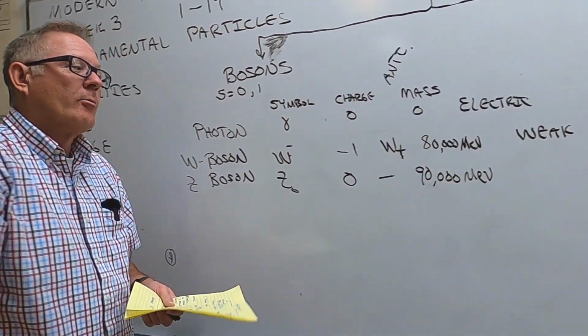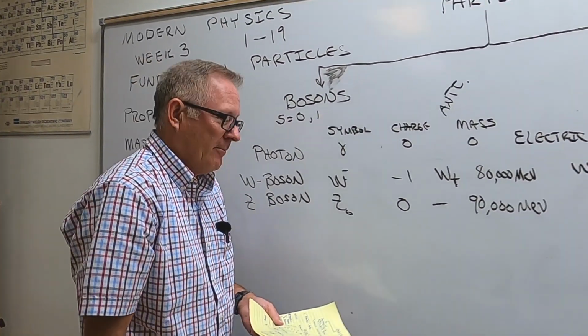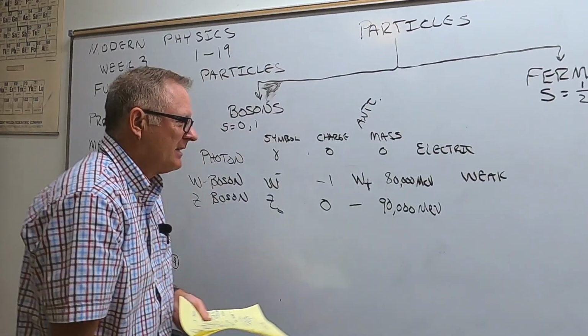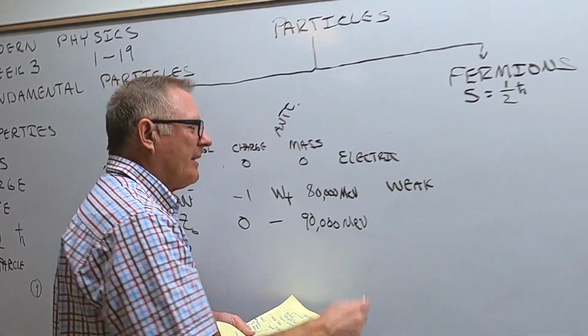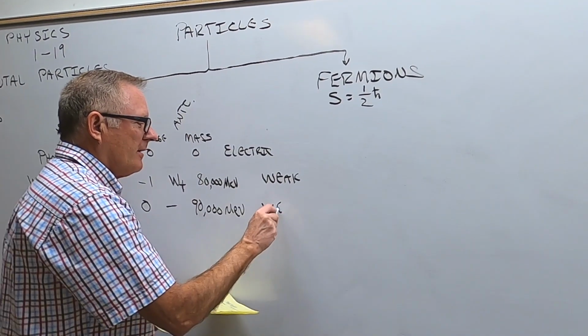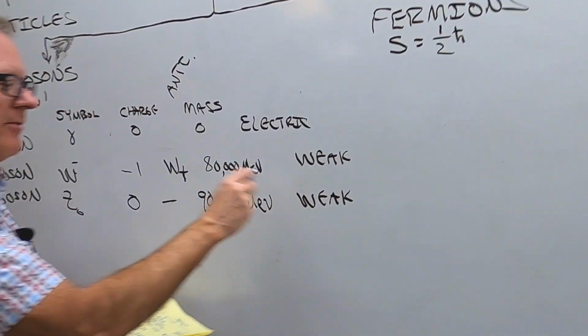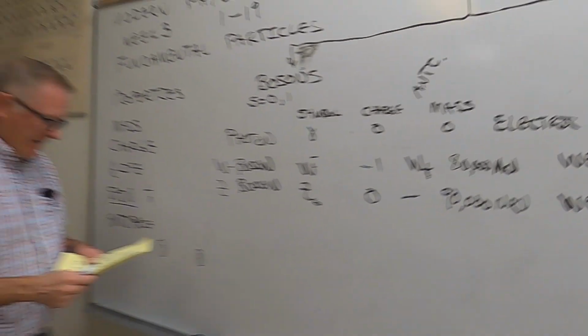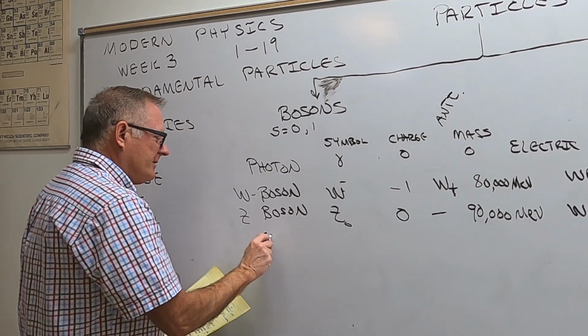Remember, the electron is only half an MeV, so you had to build a pretty big particle accelerator before they could discover this. This is also due to the weak force, and they found this in the 1980s too. Right at CERN, they found these two. Okay. Now you have something called the gluons.